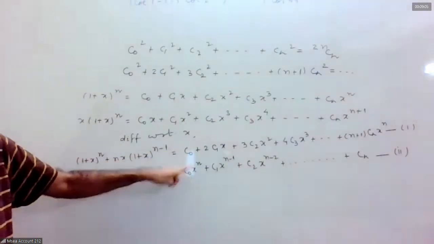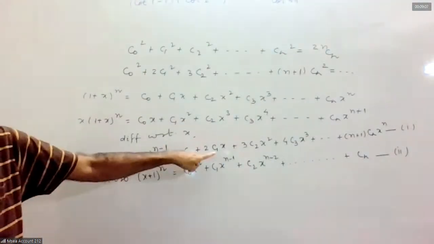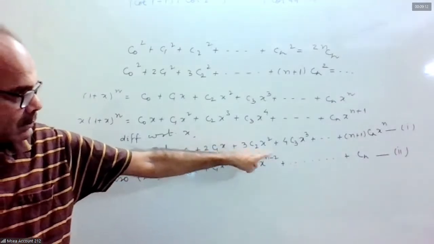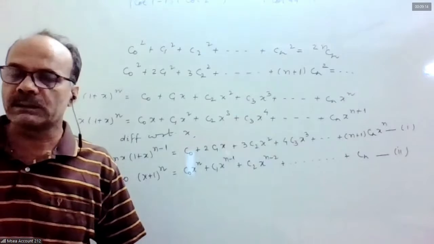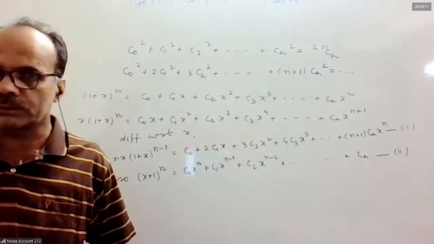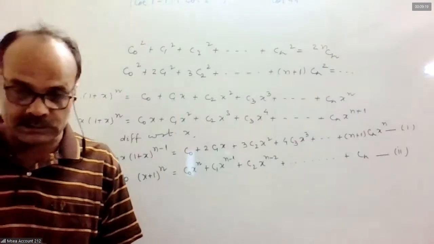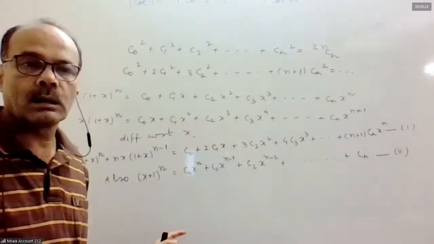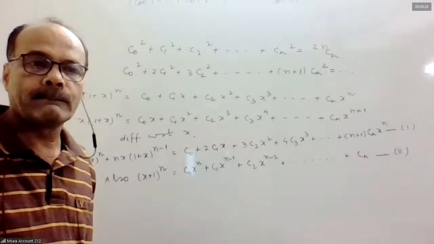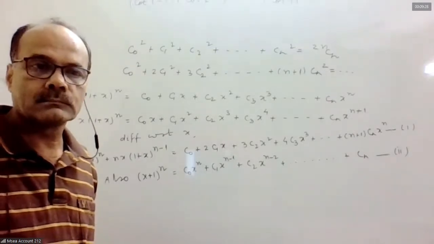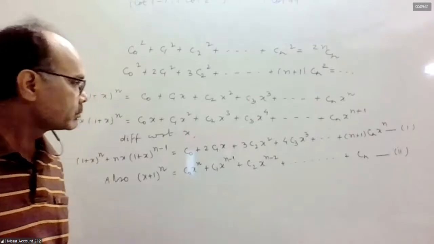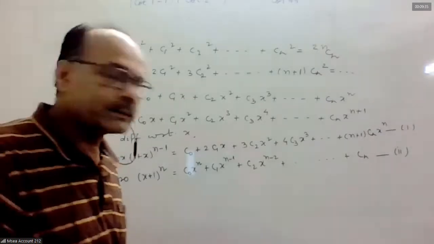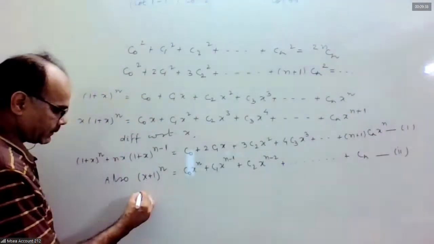Coefficient of x to the power n: C0 square plus 2C1 square, 3C2 square and so on. So, multiplying 1 and 2 and equating coefficients of x to the power n on both sides. Understood or not?